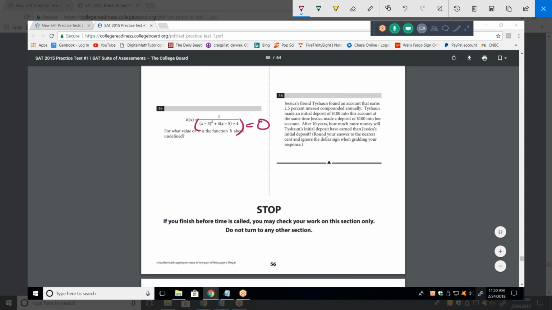Now, to solve this, we clearly have a quadratic. That is going to produce an x squared term. We also have an x term, and we also have numbers. So the best way to solve this is going to be to just multiply that out and come up with the resultant quadratic, factor it if we need to, figure out what makes that whole thing equal to 0.